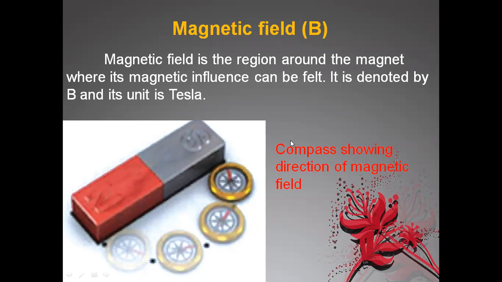The first topic is the magnetic field. It is denoted by B and the unit is Tesla. The magnetic field is the region around the magnet where its magnetic influence can be felt.